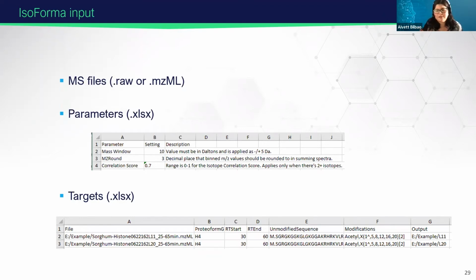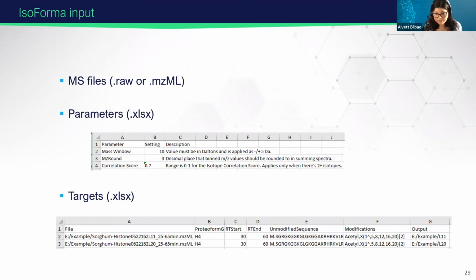In this specific example, we are using the symbol of that top arrow just to specify that we want the first modification, the acetyl modification, on the first residue to be fixed. So we want all the combinations of the first position in pairs with the other ones, up to 2 modifications for this specific example.